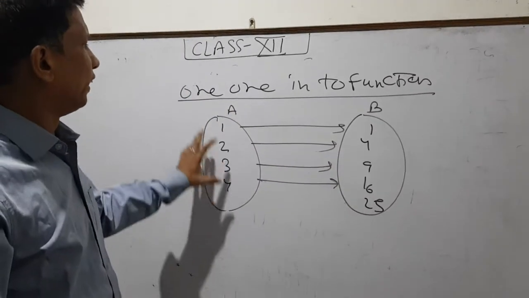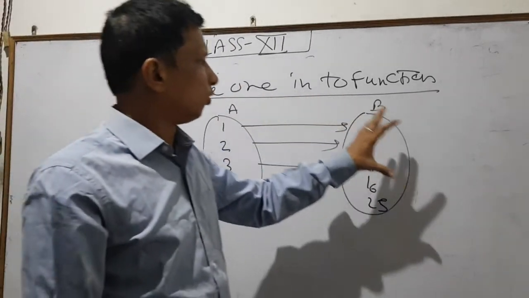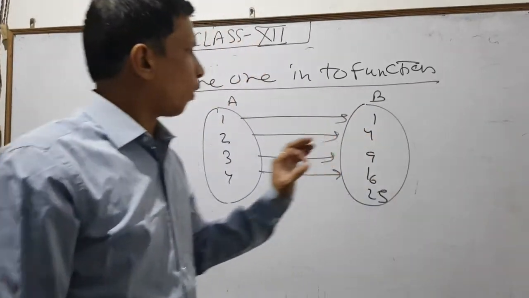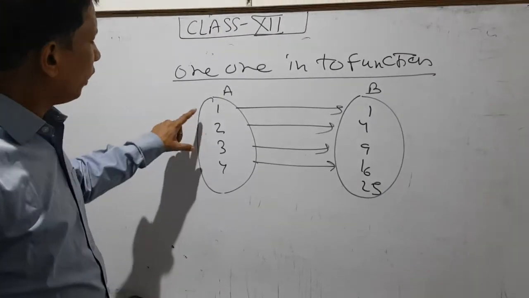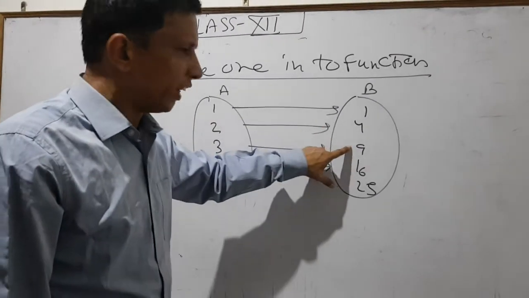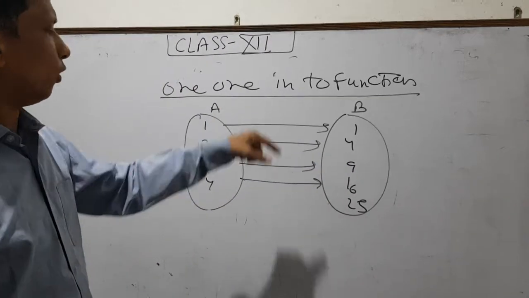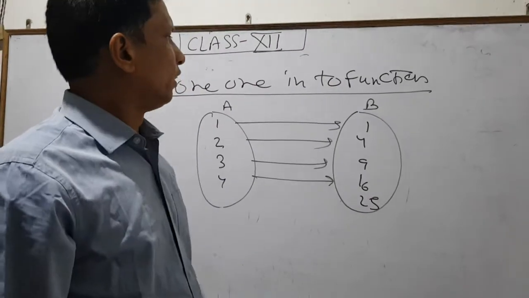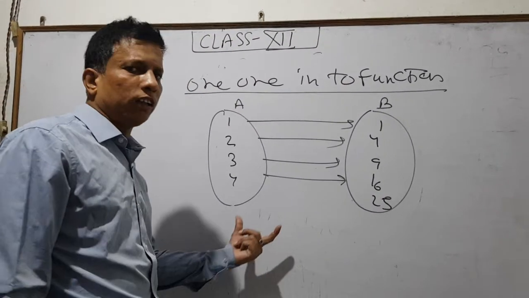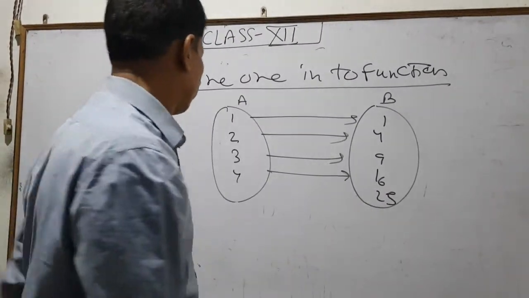This is known as one-one into function. It fulfills the property, it is one-one. The reason is one to one image of A to B, and it is into, at least one element is left in B. That's why it is known as one-one into function.